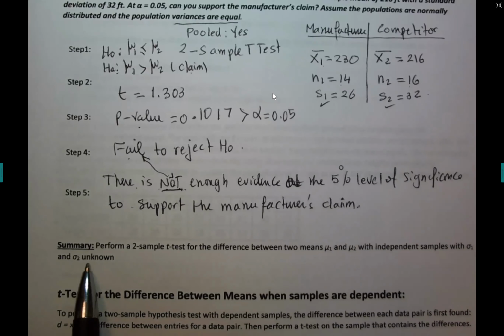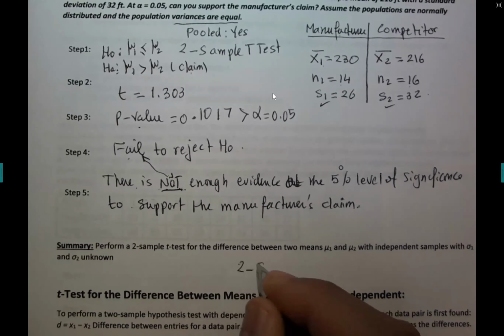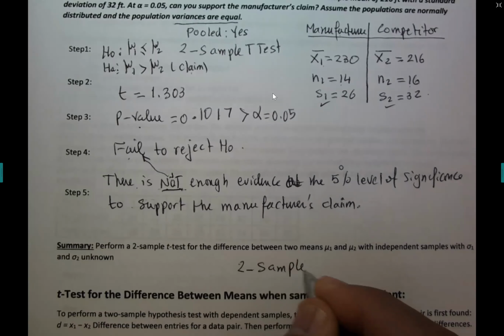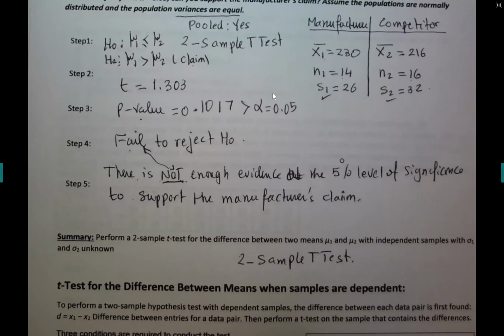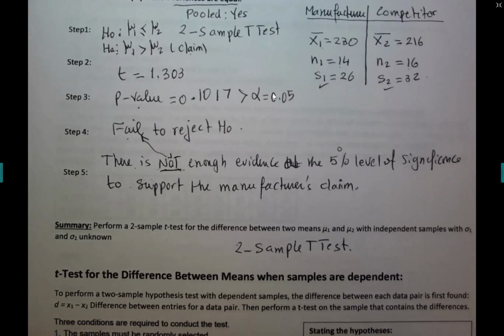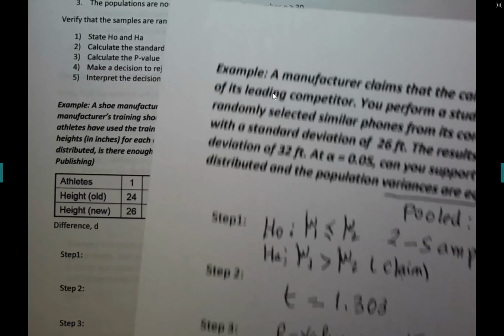When sigma 1 and sigma 2 are unknown, we use the 2-sample t-test, as I said. All right, guys, that concludes section 8.2. Now I'm going to go to 8.4 because it deals with independent samples, and then I'll come back to the t-test where we do dependent samples.